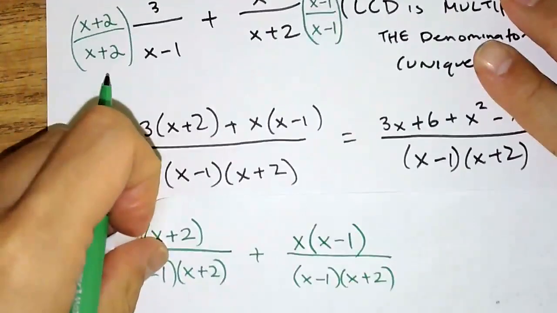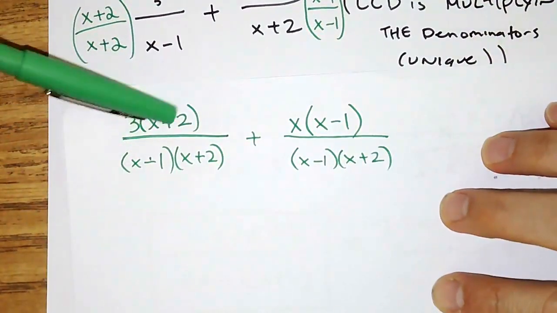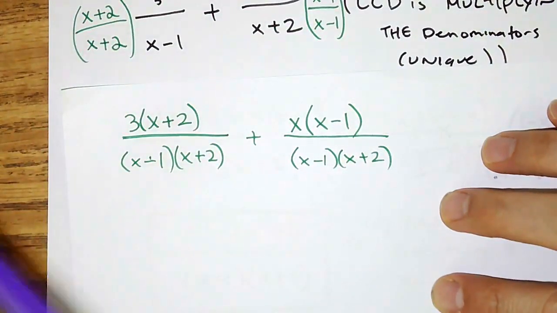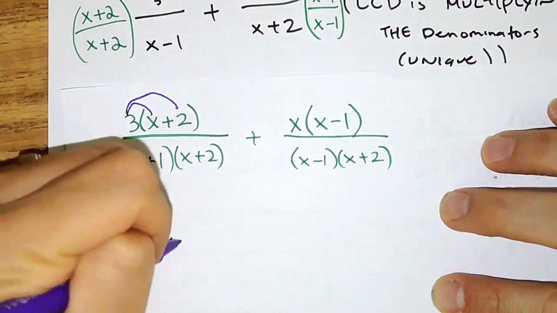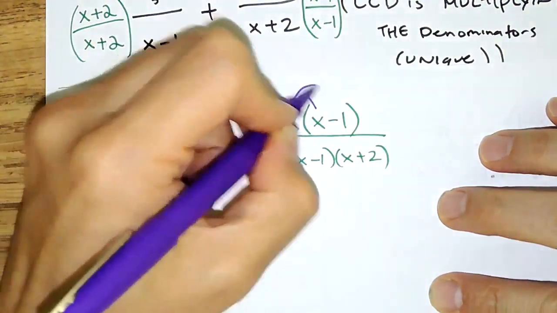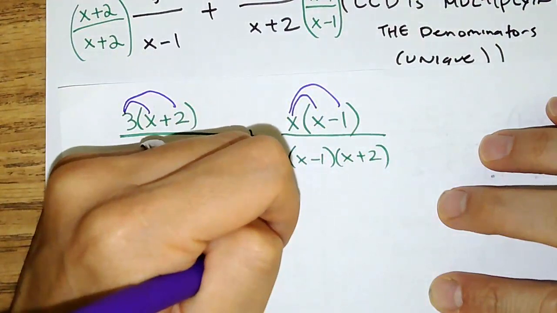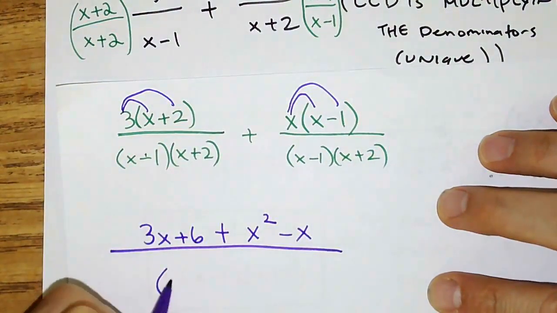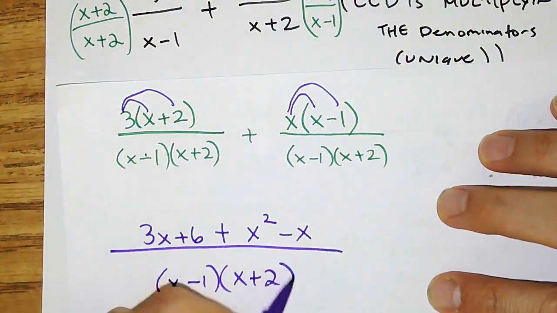All right. And then to simplify, I just distribute the 3 and distribute the x. So when I distribute the 3 out here, I get 3x plus 6, plus, I want to distribute the x out there. X times x is x squared. X times -1 is -x. All over the same denominator, so x minus 1 times x plus 2.